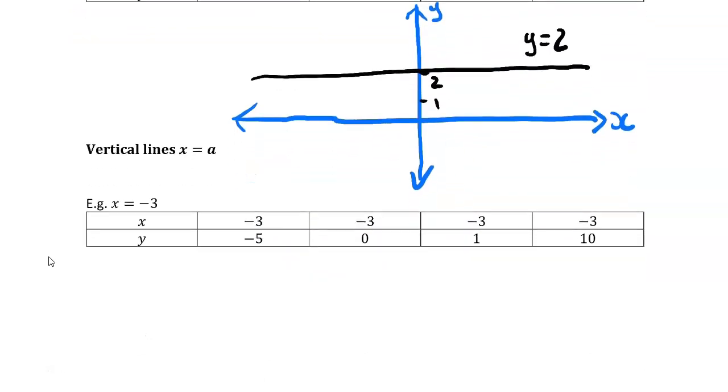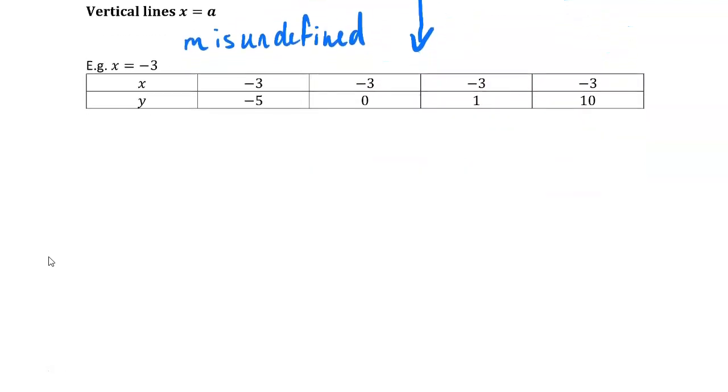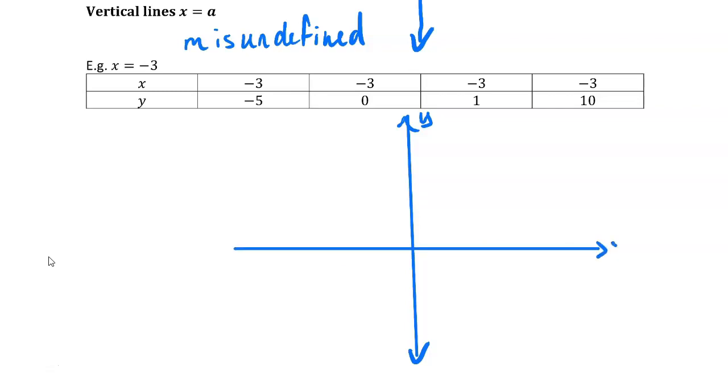Now for your vertical lines, you'll probably remember that the gradient is undefined. Okay. Here I've got x equals -3. So that means that it doesn't matter what value of y I have, x will always be equal to -3. So I'll sketch that up. Up my axis first. Okay, there's x.